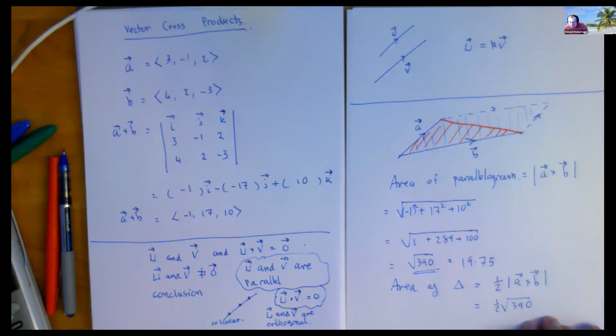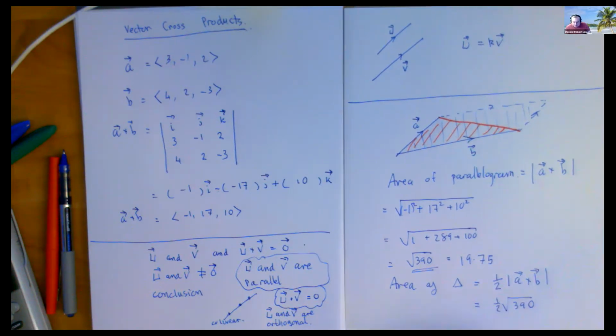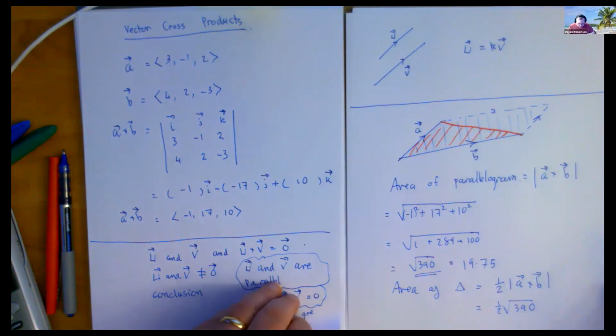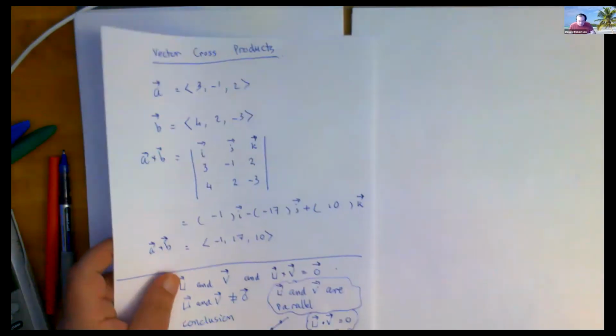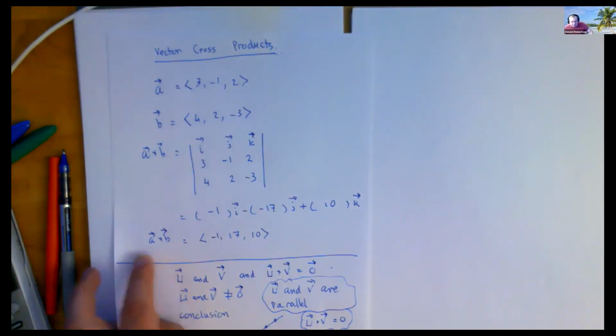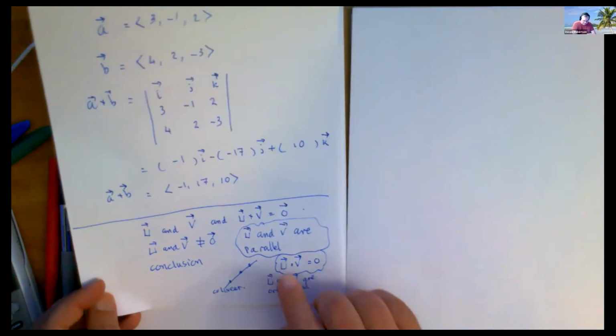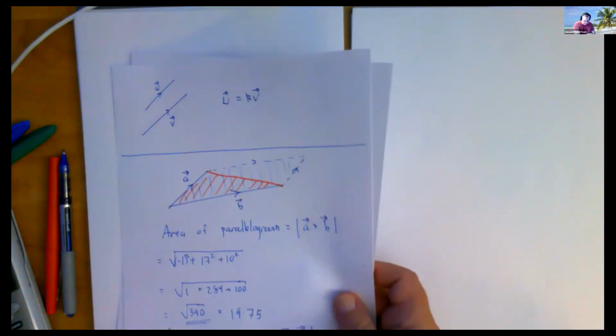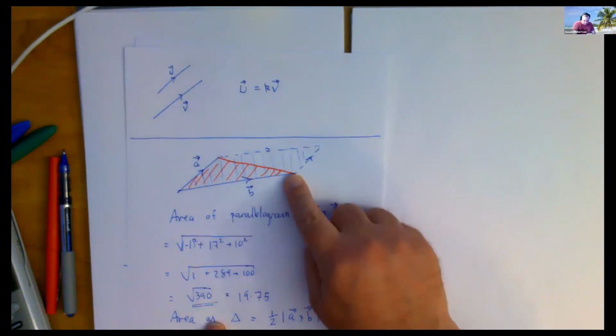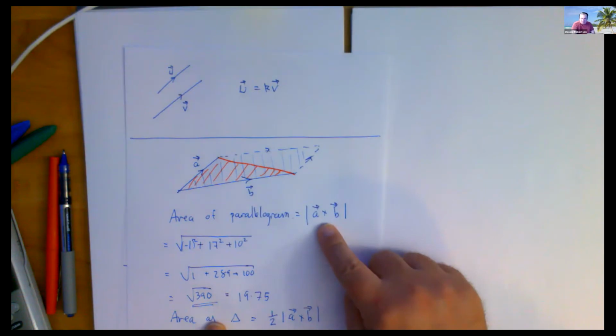Are we good? I'm moving on if I get any regression now. So right now, if I give you two vectors, you should be able to find the cross product. If the cross product is 0, you know that means they're parallel. If you use those two vectors to form a parallelogram, you now know how to get its area.